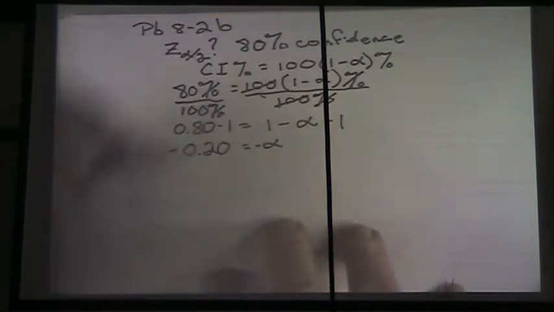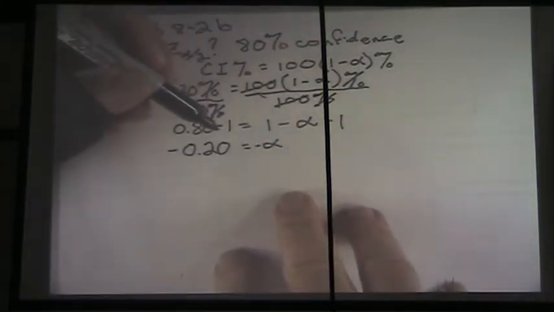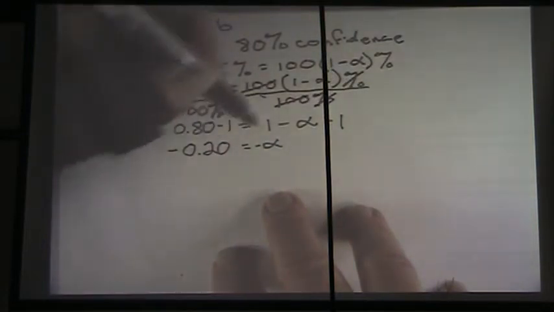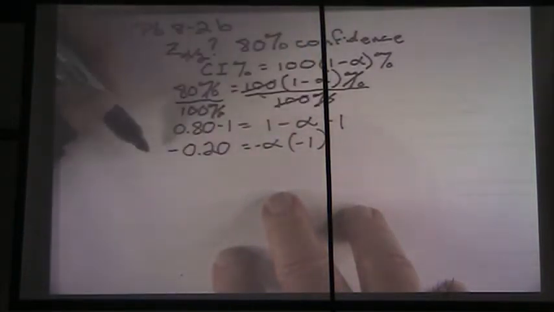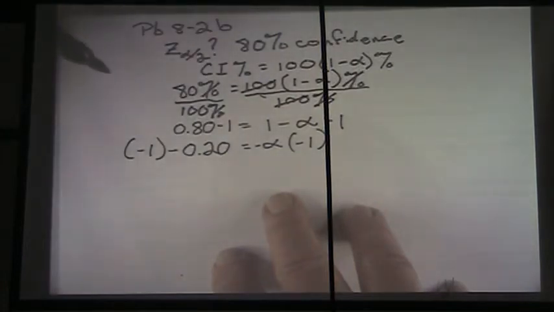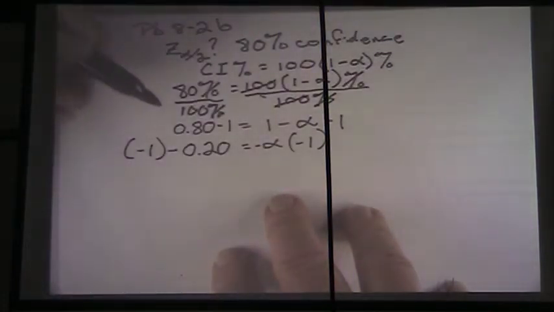I'm going to multiply through by negative 1, and that will take away my negative signs.